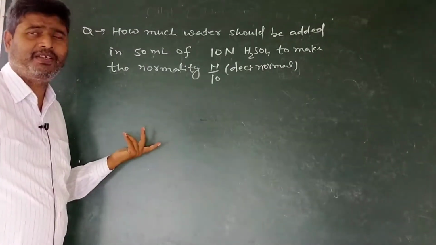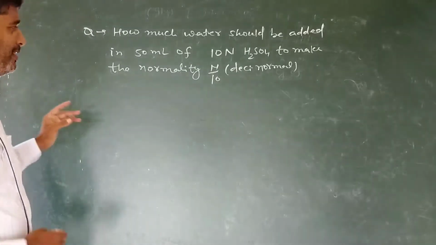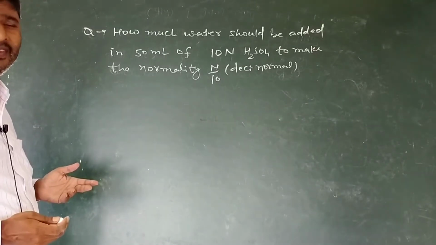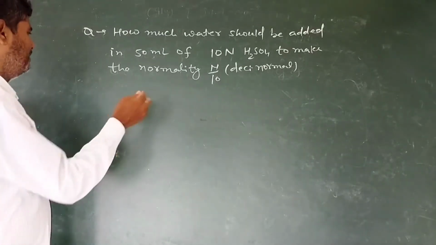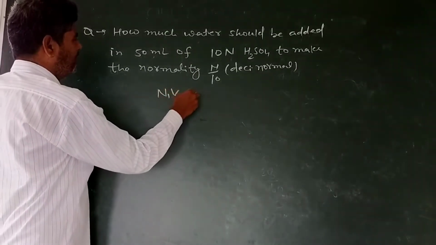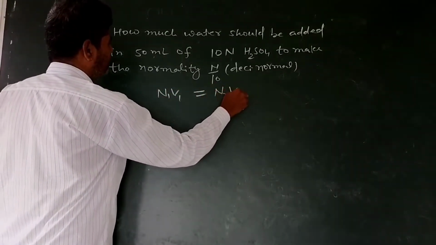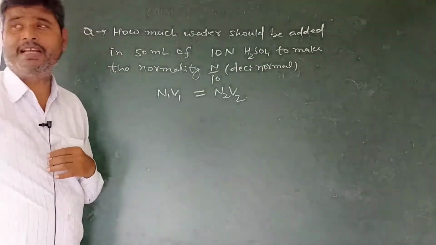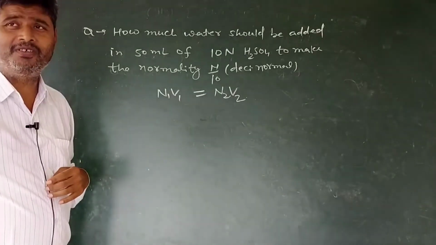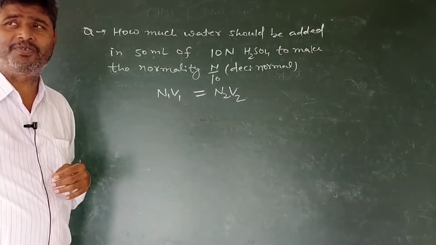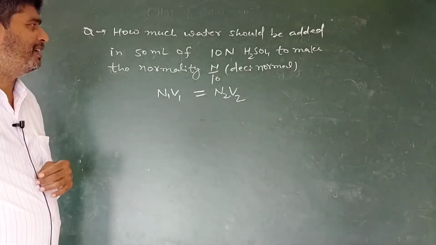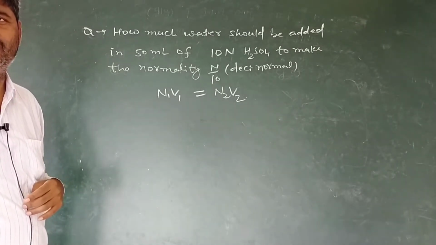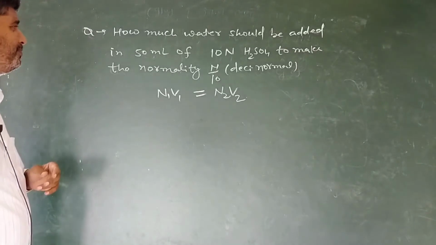For this we will compare gram equivalents. When normality is multiplied with the corresponding volume, gram equivalent is obtained. N1 V1 is equal to N2 V2. A solution whose normality is known is called a standard solution, and a solution whose normality is unknown is called an unknown solution or non-standard solution.